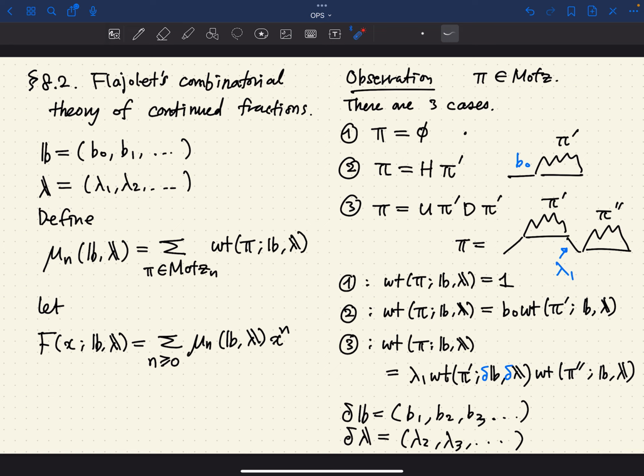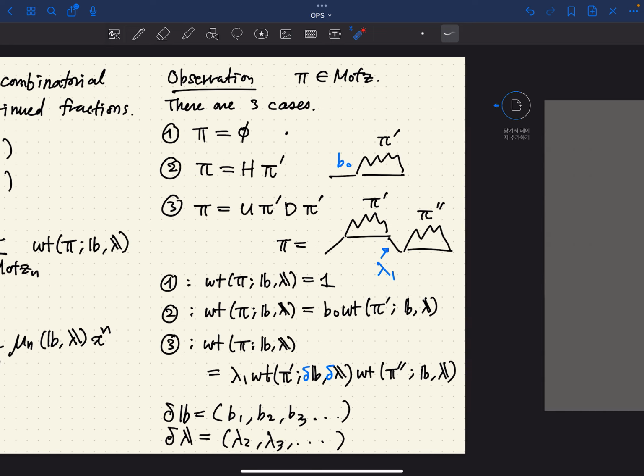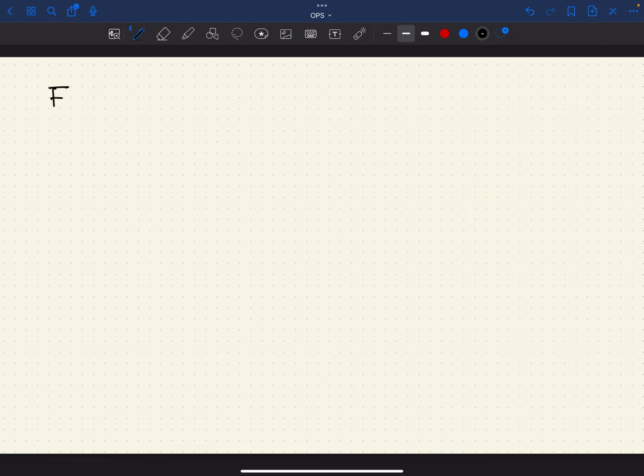So if you combine this, f of x, b comma lambda, is the generating function for all Motzkin paths, by weight of pi. But we know there are 3 cases. First case, the weight is 1. The second case, the weight is b0 and pi prime.